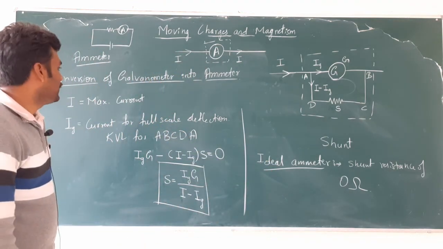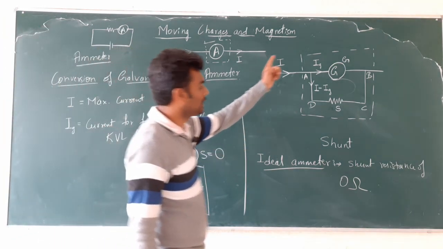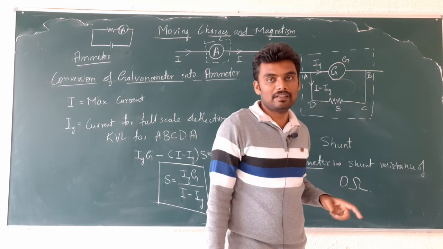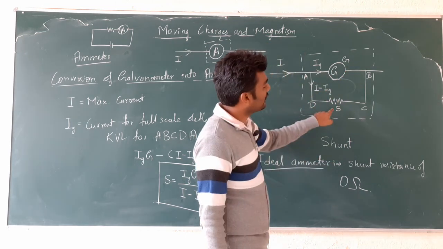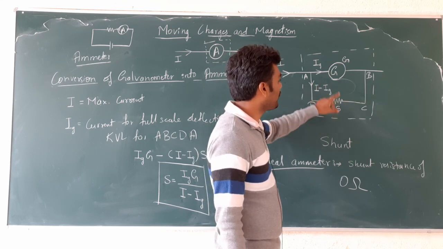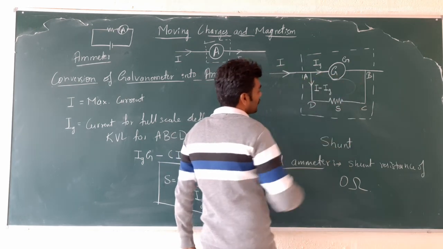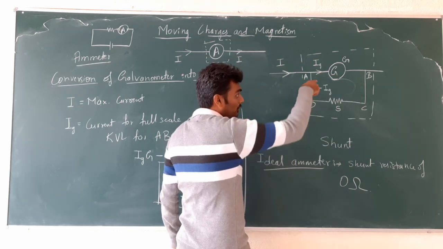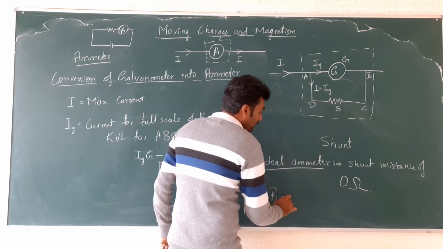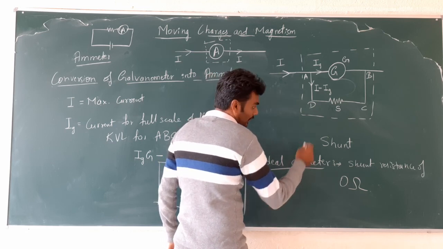And what is the effective resistance of the ammeter? If it is only galvanometer, the resistance is simply G. Now there is another resistor of resistance S in parallel with that. So the effective resistance this time is the parallel combination of galvanometer and shunt resistance. So the effective resistance of the ammeter is R is equal to parallel combination.